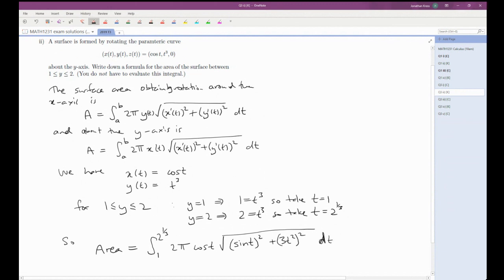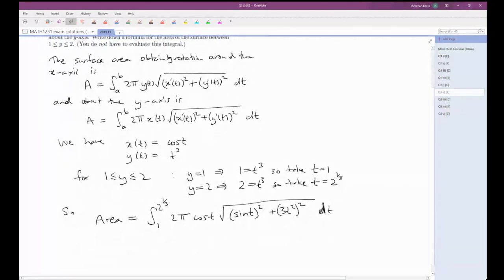I think it's fine to leave it like that, unsimplified. It's traditional to write the square of sine t like that, and this is 9 t to the fourth.